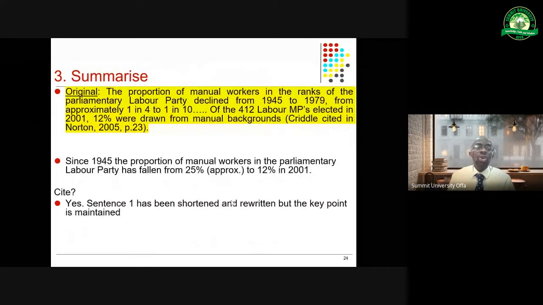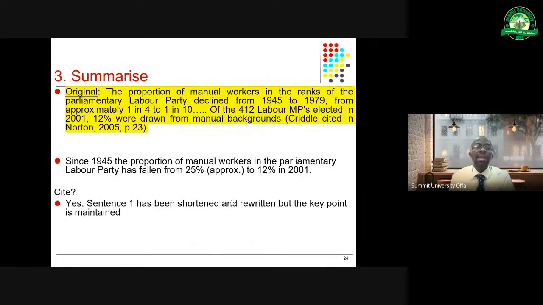Let's look at this third one, summarizing. Don't forget, whenever you summarize someone else's idea or work or statement, you must cite. So look at the main text there and look at the summary there.